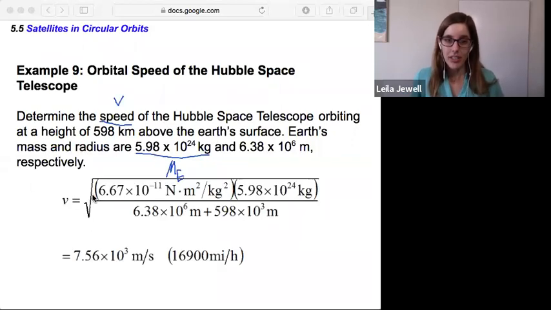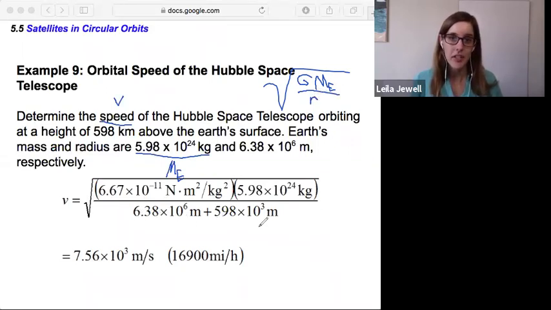So we calculate v with the square root of G times the mass of the Earth divided by the total radius r. Notice in the denominator, we are adding the radius of the Earth plus the additional distance above Earth's surface. There is a unit conversion here: because this was written in kilometers, it got converted to meters by multiplying by 10 to the 3, by 1,000.